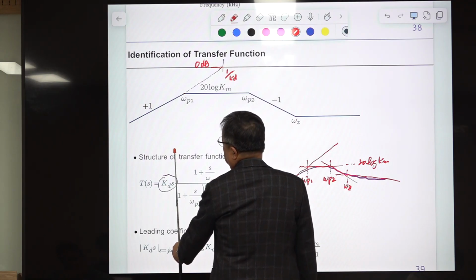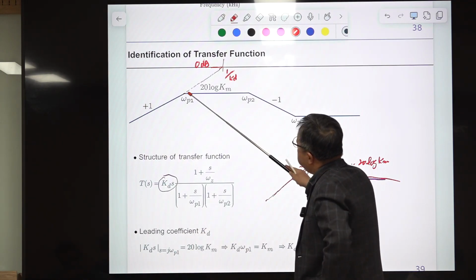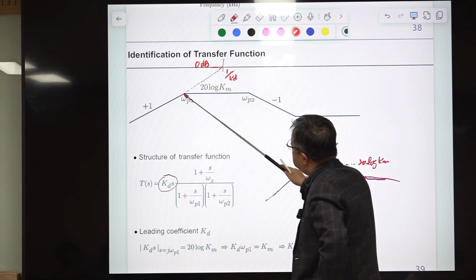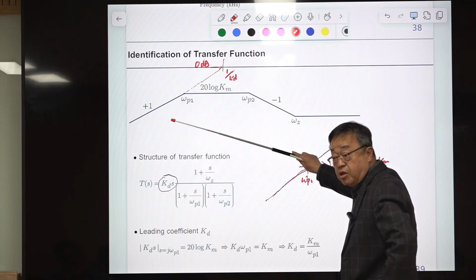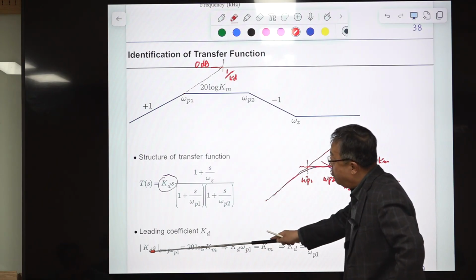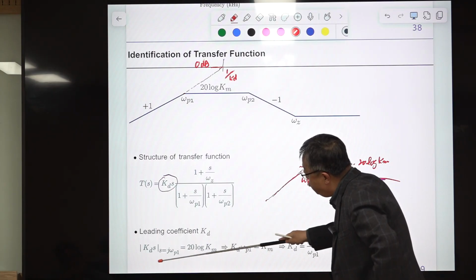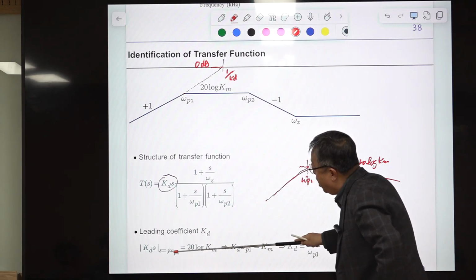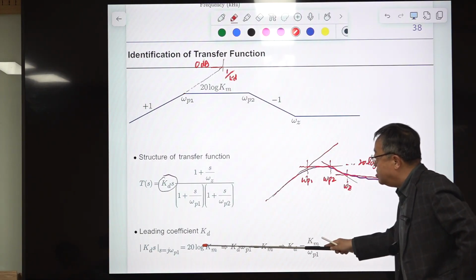Only consider this line segment, and the magnitude evaluated at this frequency is Km, based on this structure, this plot. So the magnitude of this first factor, evaluated at j omega P1, is the same as this one.